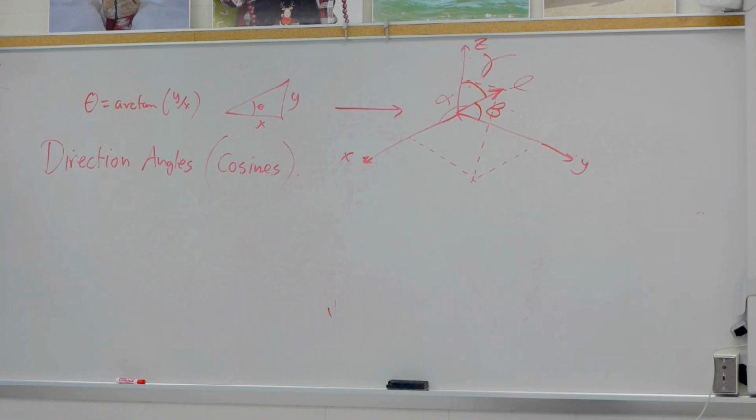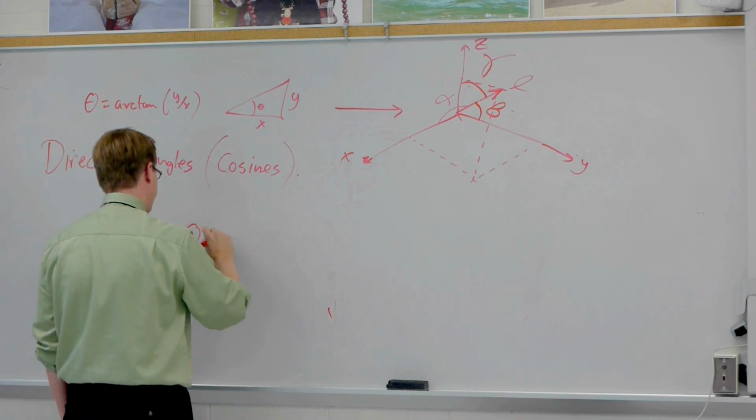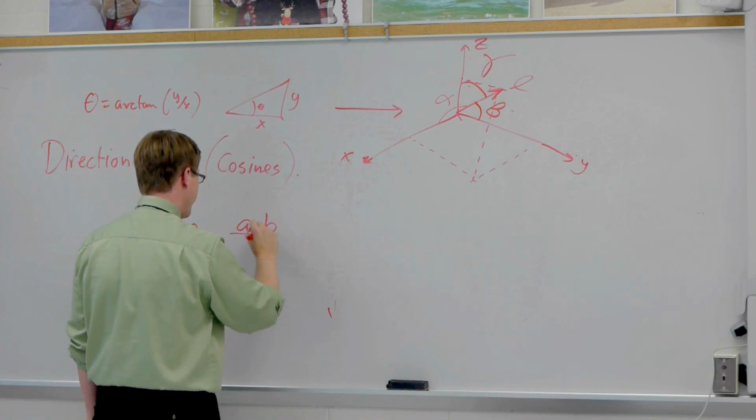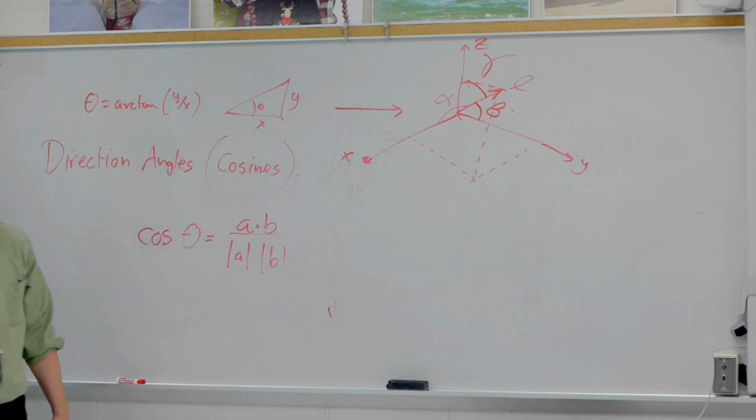Because don't I have a nice little formula for the angle between two vectors? Cosine of theta is a dot b over magnitude A, magnitude B.